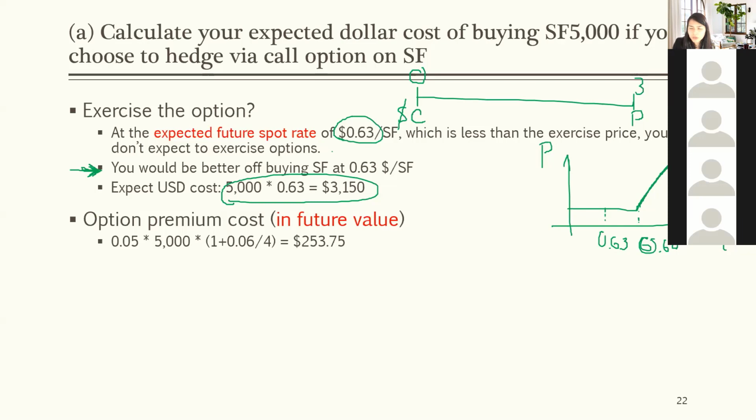So if you want to compute the overall cost of the option, you're going to have to bring the option premium forward by computing the future value of the option premium that you pay upfront. Alternatively, you can bring P backward, but normally people will compute the future value of the option.